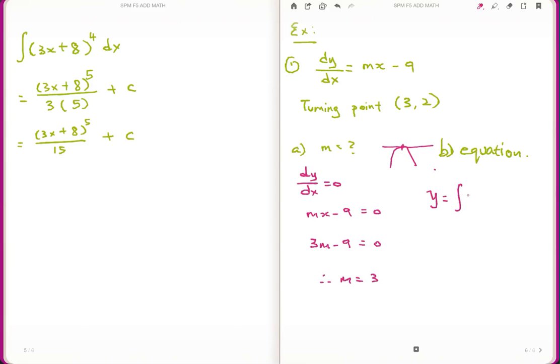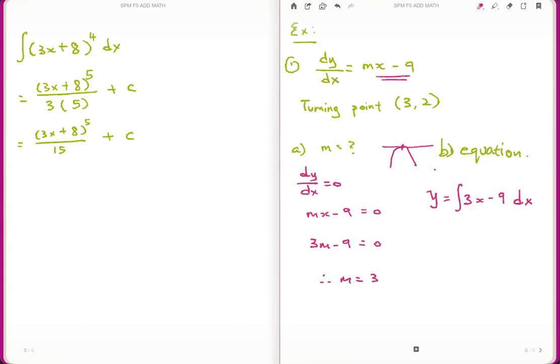This m is 3, so it's 3x minus 9, dx. Go back to our first page just earlier in the video. If you were to integrate the differentiated function, you should get the original equation. So that's why I'm doing it. What I'm doing now is integrating the integrand, so I will get the original.